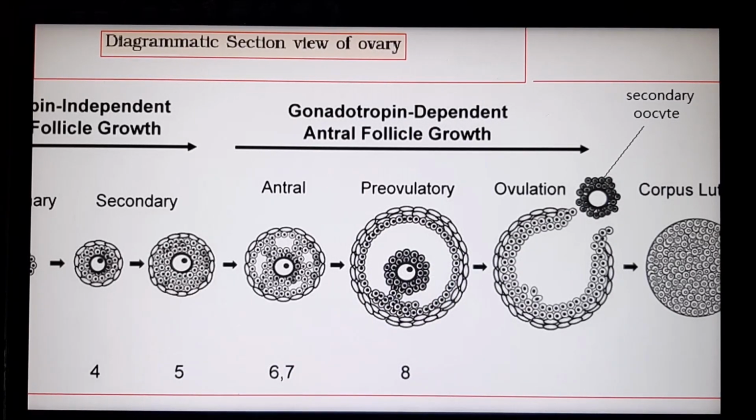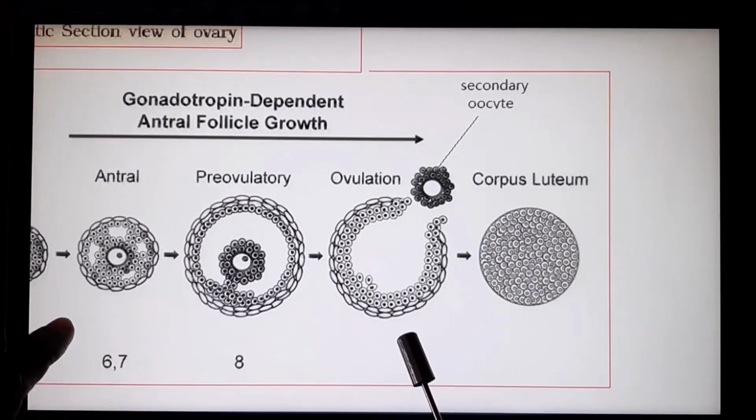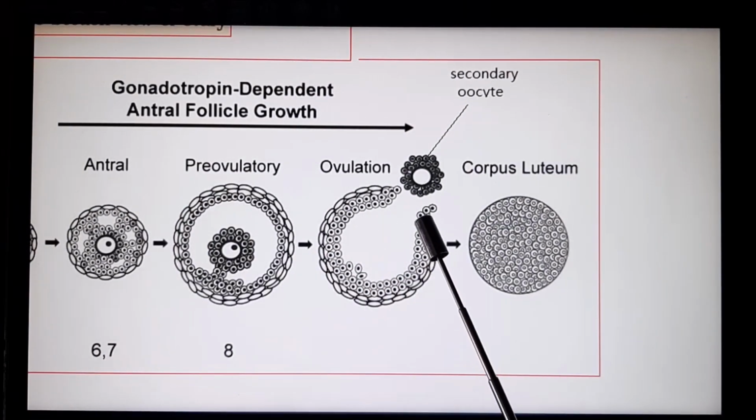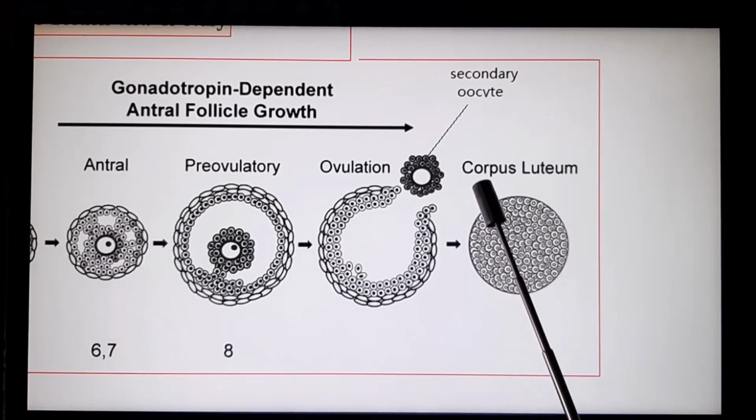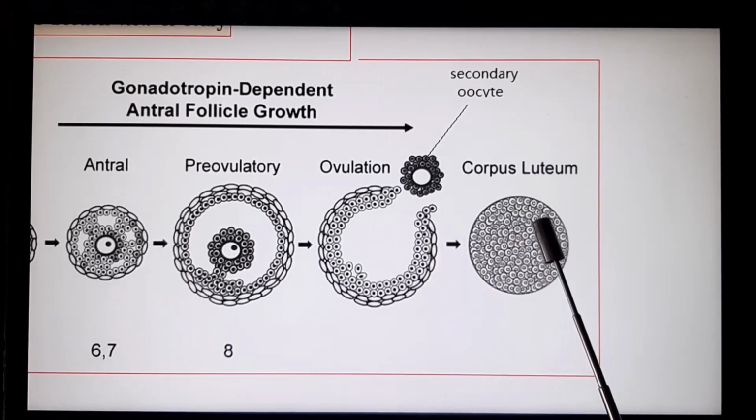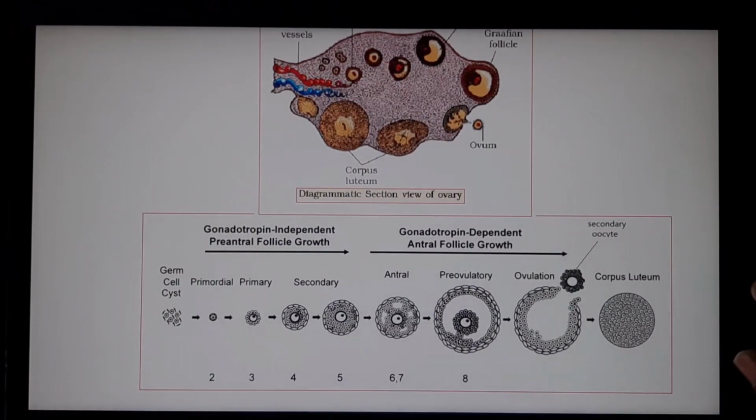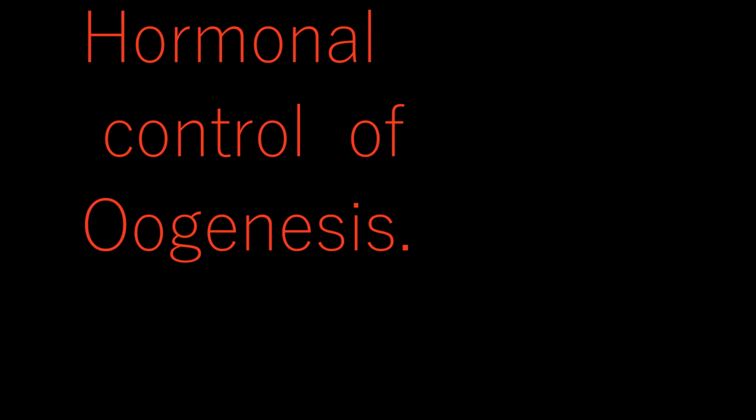And next, the mature Graafian follicle undergoes ovulation, rupturing of these follicle cells, and the secondary oocyte is released. This may enter for fertilization, and the follicle cells develop into the corpus luteum, which is necessary for the synthesis of the hormone progesterone.